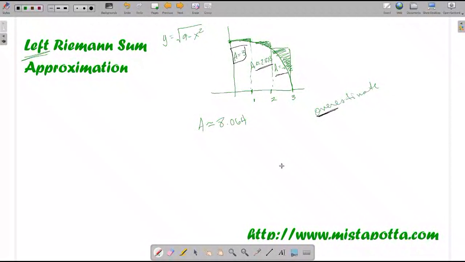It really does depend on how our function looks. It depends on whether or not we are increasing or decreasing. It also depends on the concavity. But those are things we're going to talk about in our next lecture.